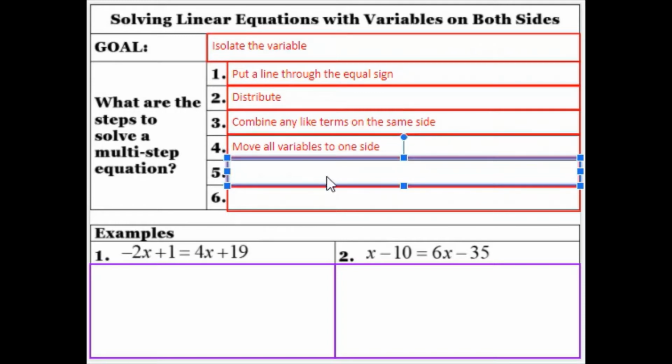And then step 5, same as before, we are going to use our inverse operations to solve for the variable. And then of course, once you're done, you should check your solution, especially if it's a quiz or a test. All right, let's go ahead and try some examples.